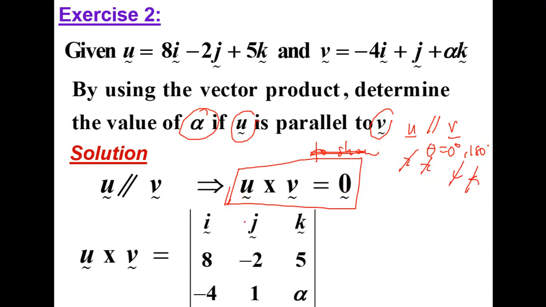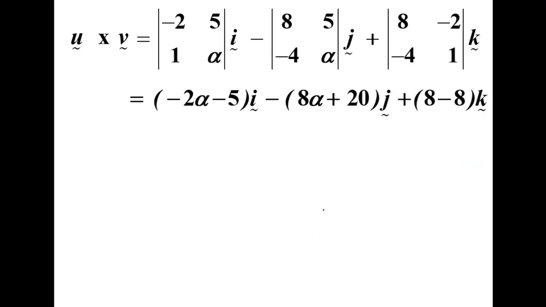Then use the determinant, with the first row I, J, K, then the second row and the third row. Expand the determinant, and that is equal to 0, because we want to show that vector U is parallel to vector V.